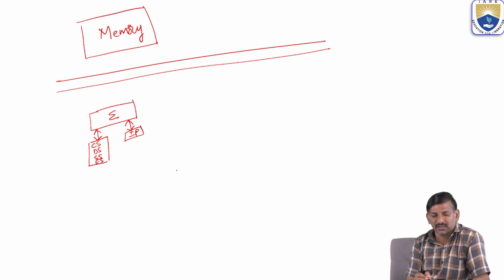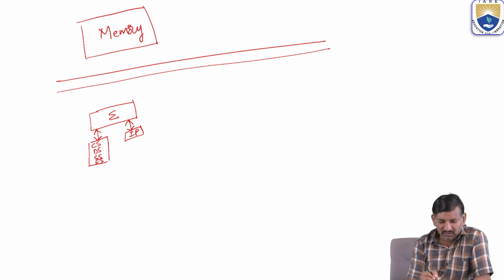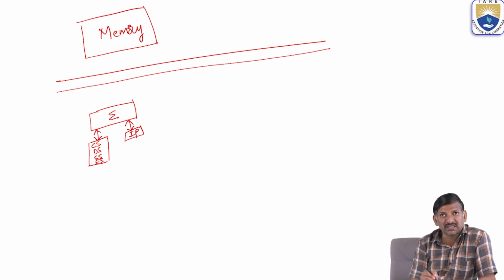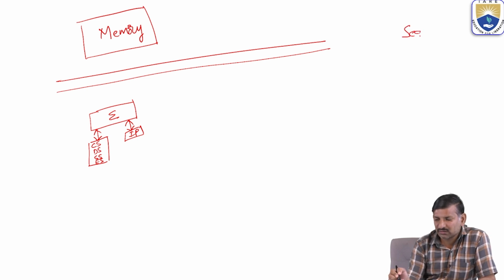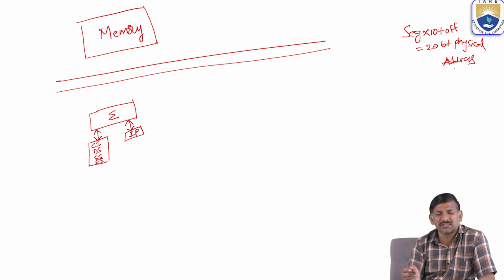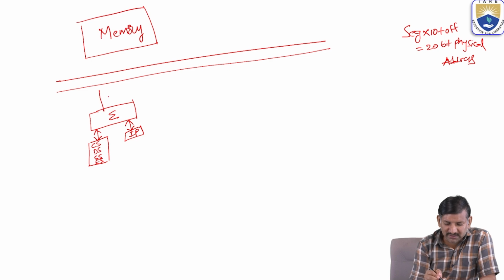From these registers, I take the offset address from the instruction pointer and the segment address from the code segment. Finally, segment address into 10 plus offset address indicates the 20-bit physical address. By using this 20-bit address, I am accessing the corresponding memory locations.